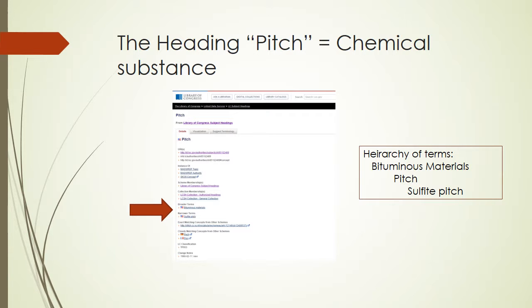TP happens to be chemical engineering. So we can actually create a hierarchy of terms from this broader term, narrower term listing here. We know that bituminous materials is broader, pitch is in the middle, and more narrow is sulfite pitch.